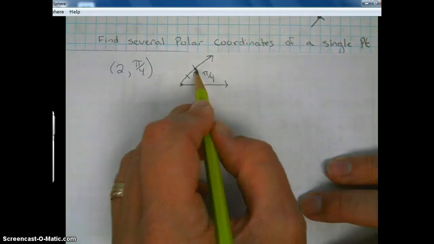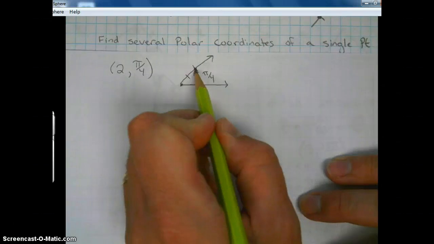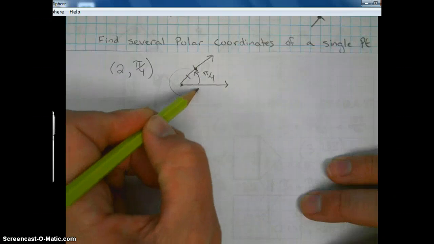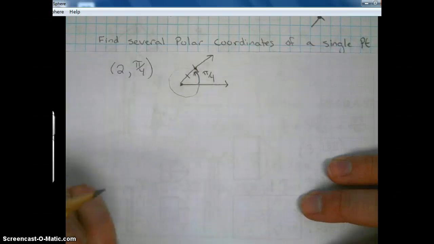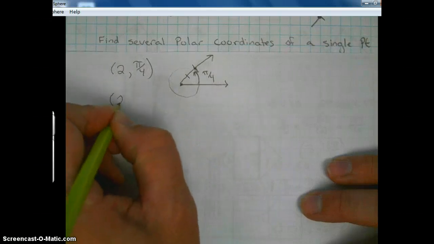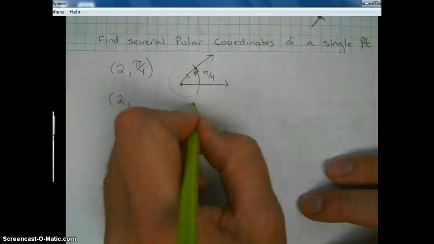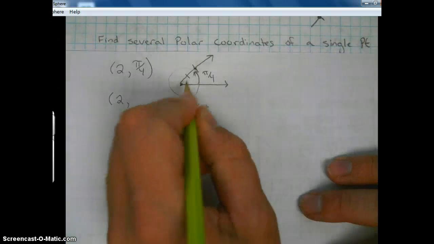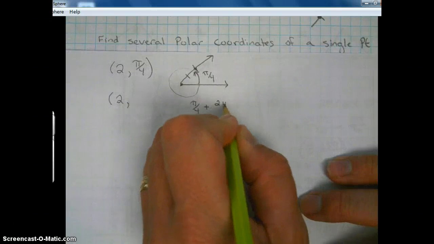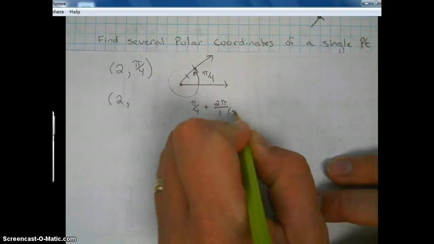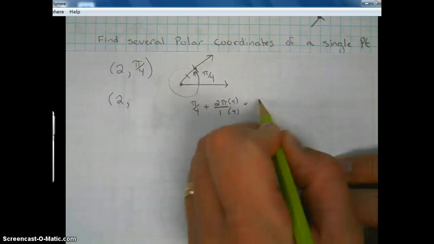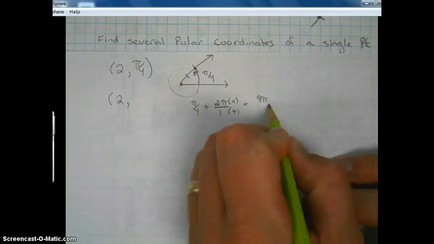Now, to get another coordinate for this point, we would add 2 pi, since that's how many radians are in a full circle. So we do 2, comma, pi over 4 plus 1 full circle. So pi over 4 plus 2 pi. With a common denominator, we get pi plus 8 pi, 9 pi over 4.